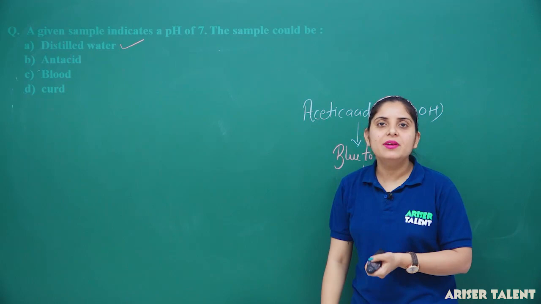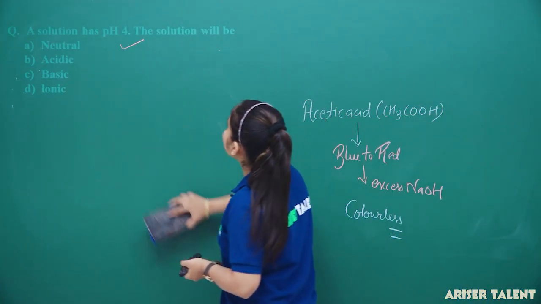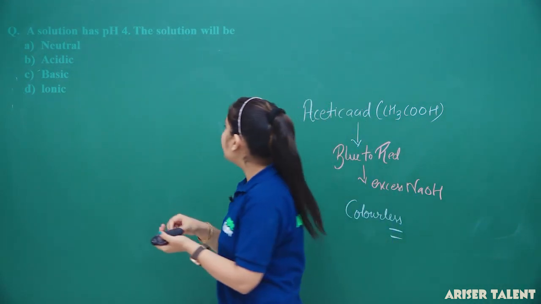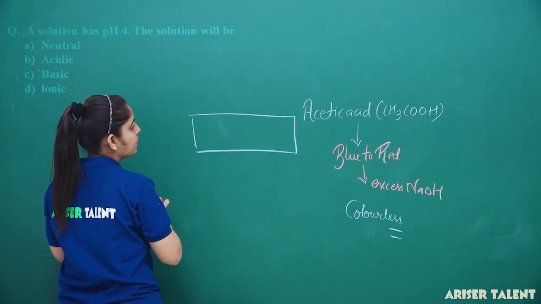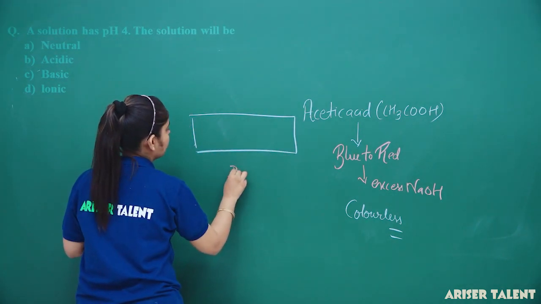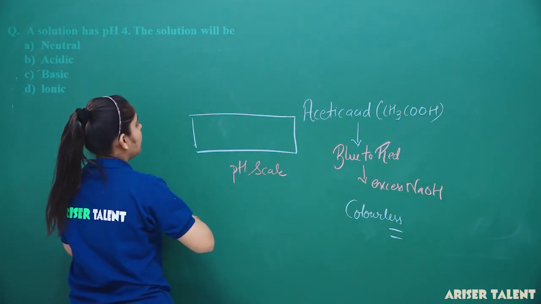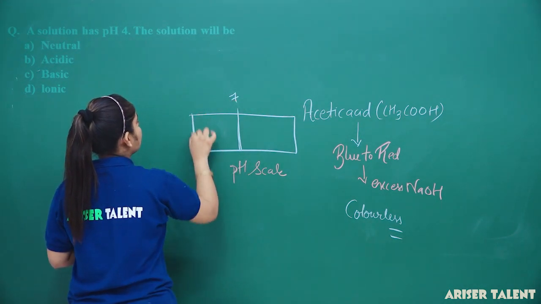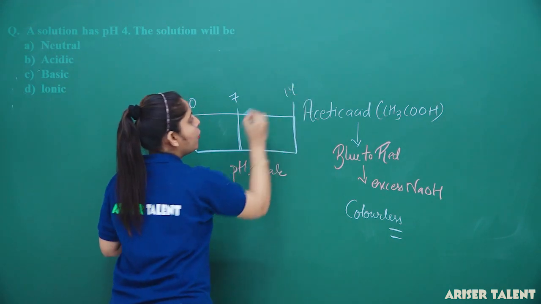Now we have our next question. A solution has a pH of 4, the solution will be. As we have discussed in the pH chart of our chapter, this is the pH scale. In the pH scale, we have 7 here, we have 0 here, and we have 14 here.